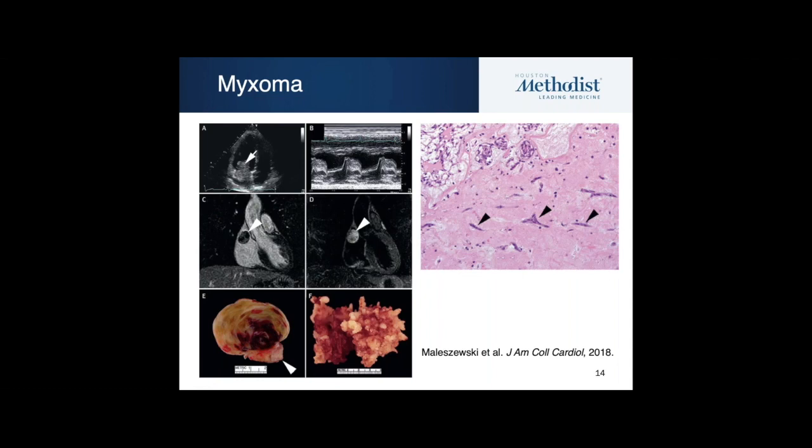And you can see M mode, the tumor obstructing the mitral orifice, cardiac MRI sequencing, T2 weighted triple inversion showing the right atrial mass, as well as the post-contrast inversion showing a rounded, smooth mass, often smooth and rarely irregular, but they can also be very friable on the gross histopathology.